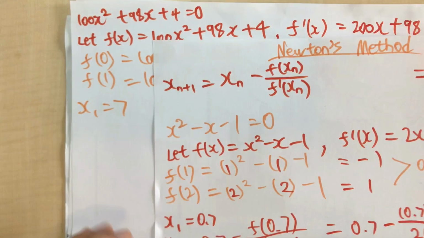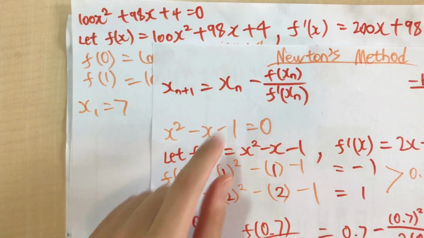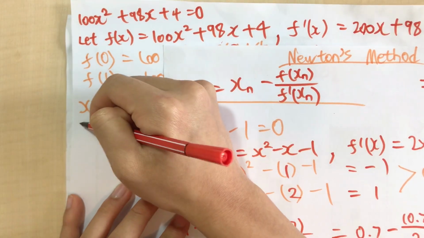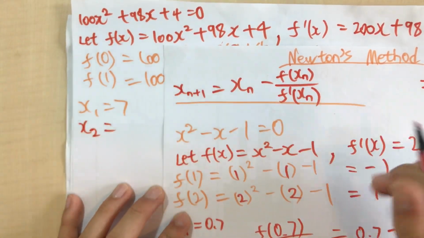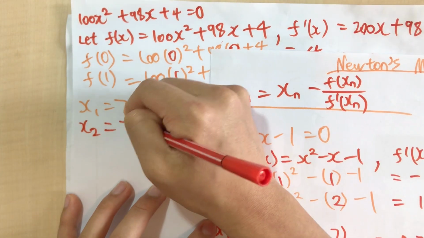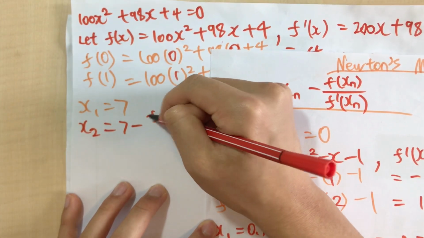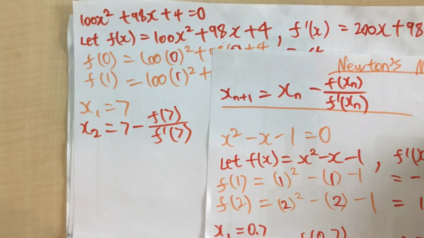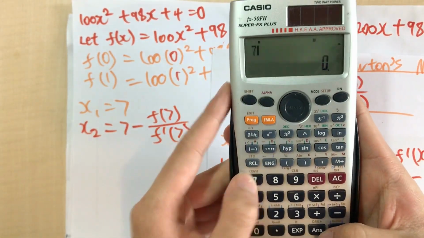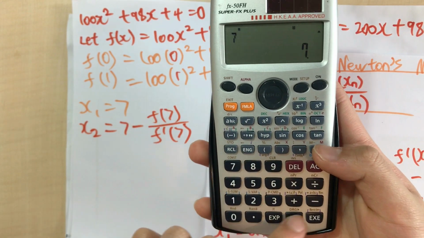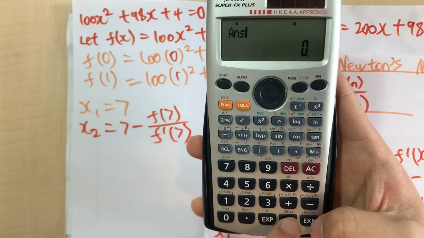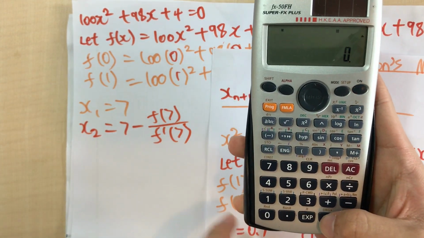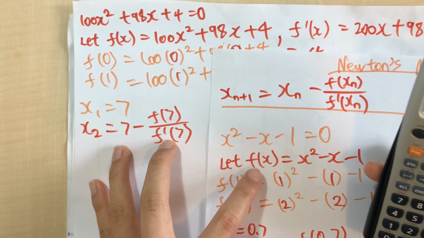So let us refer back to this formula. We get x sub 2 equals the previous one minus f of the previous one over f prime of the previous one. Now we will store 7 in the variable answer, so that we can directly input answer minus f of 7.